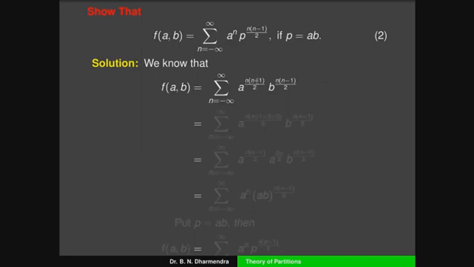That's why in the next step we can add and subtract 2, because we want the power in terms of n into n minus 1 by 2. So summation n running from minus infinity to plus infinity, a to the power of n into n plus 1 minus 2 plus 2, because we want it in terms of n minus 1. That's why we subtract 2 and add 2. So it retains the same thing. Okay, into b to the power of n into n minus 1 by 2.